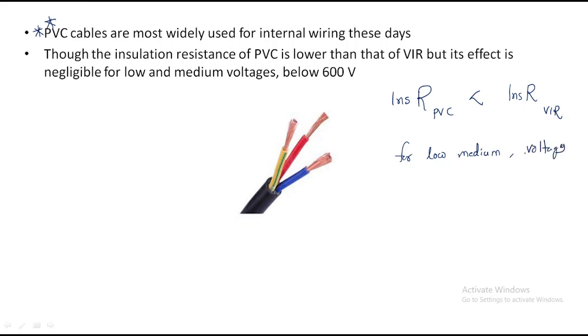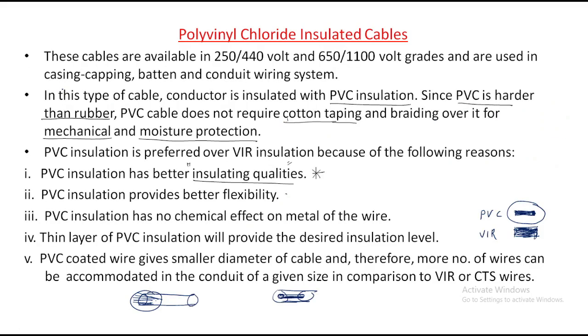Although it has a lower insulation resistance, it is very applicable. Understand? These are the very important properties of the PVC cables. These are very much useful in our wiring system.